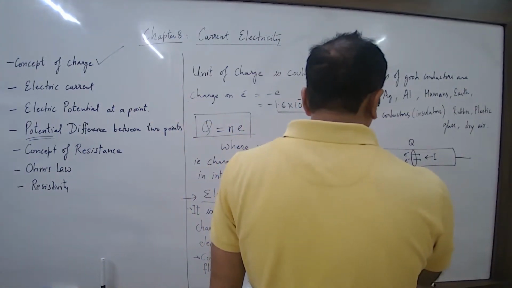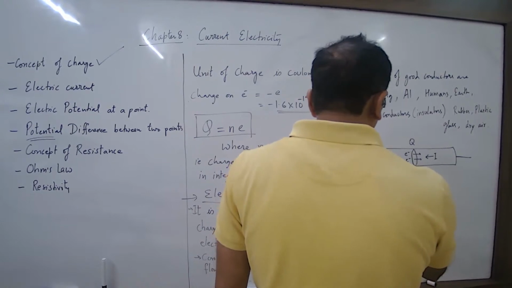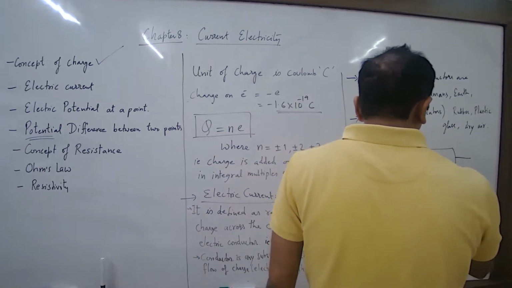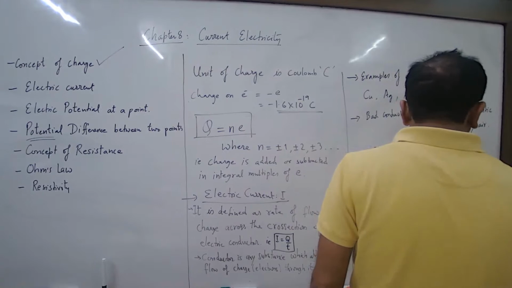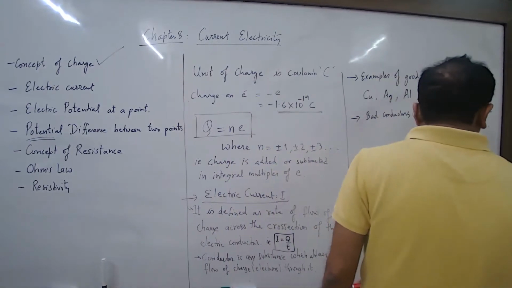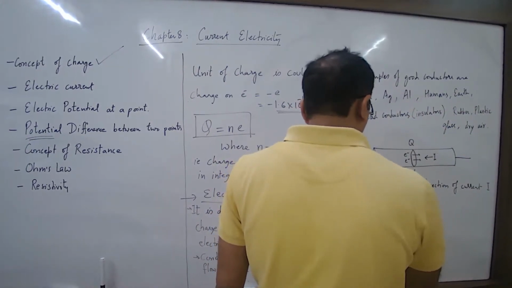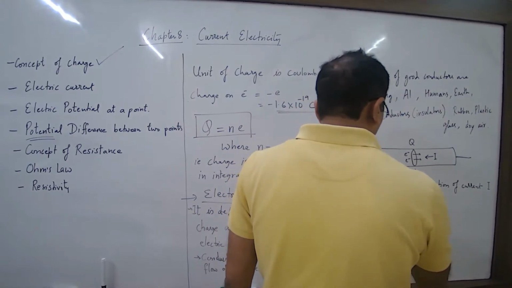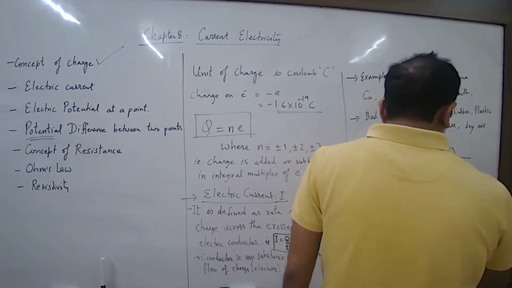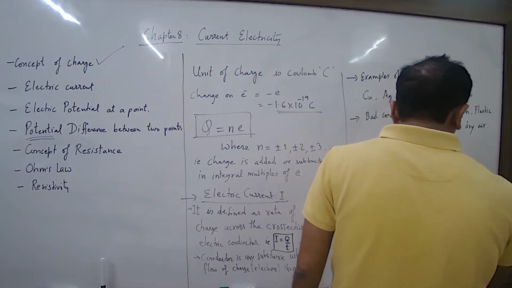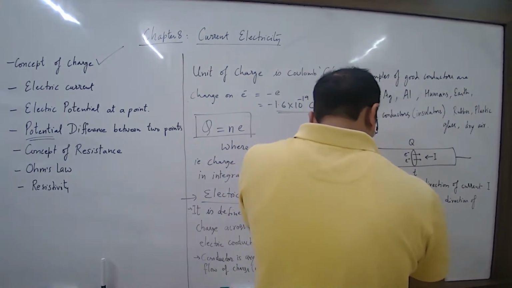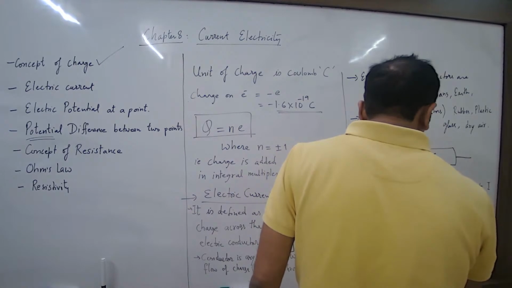So conventionally, the direction of current I is taken opposite to the direction of flow of electrons. Hence, it is called conventional current.